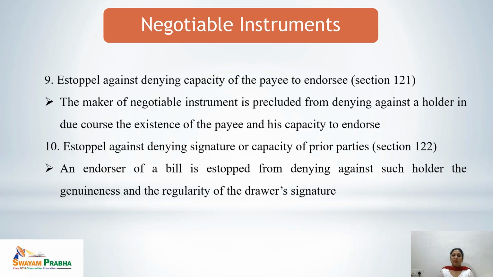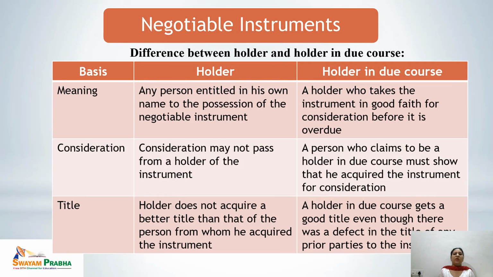That means the signature, which is a must condition for a valid negotiable instrument, that is the drawer's signature, must be checked through its genuineness and its regularity, and the capacity of the drawer to make the signature on any negotiable instrument. Now let's discuss the difference between the holder and holder in due course.